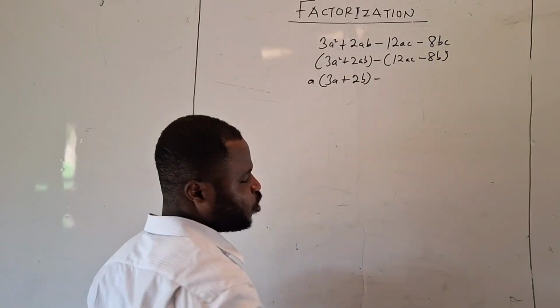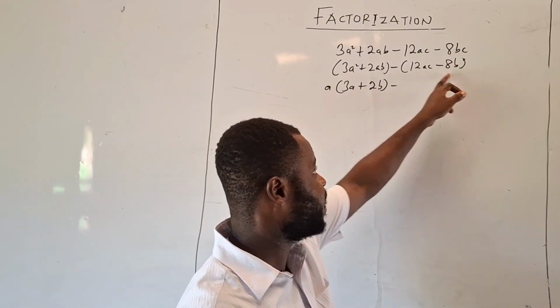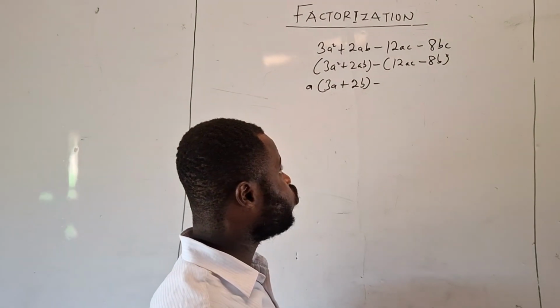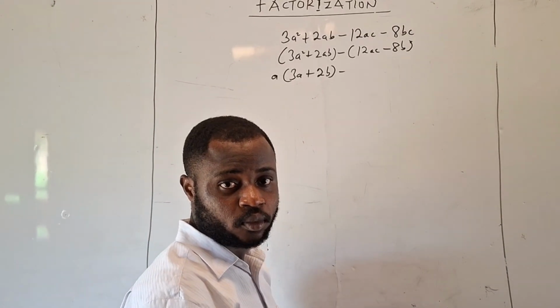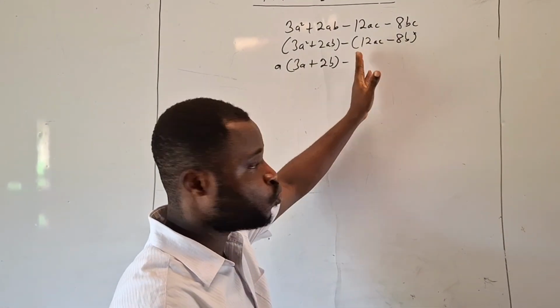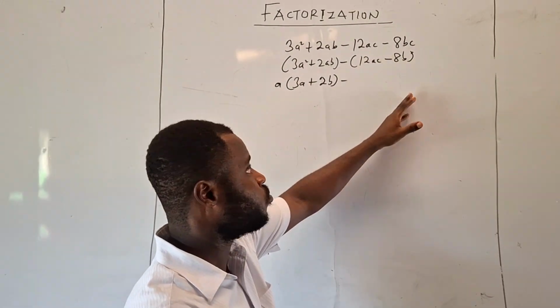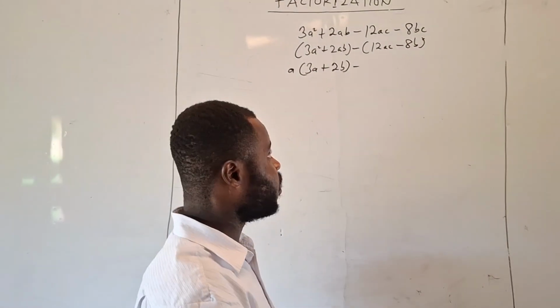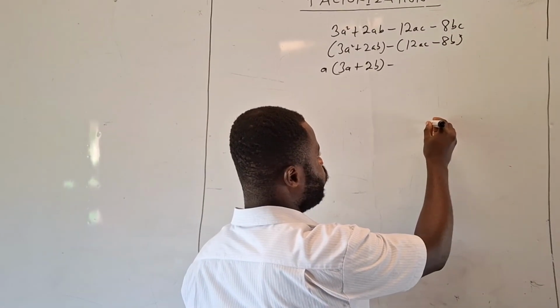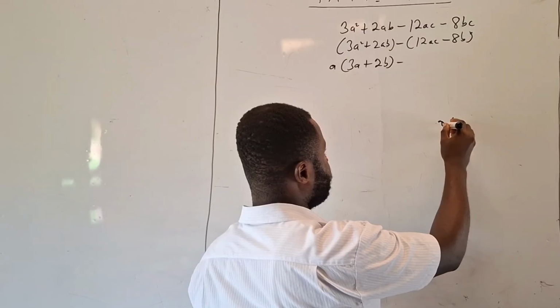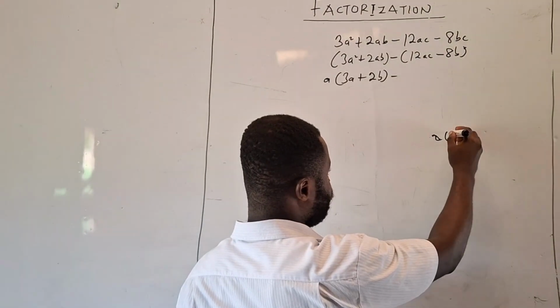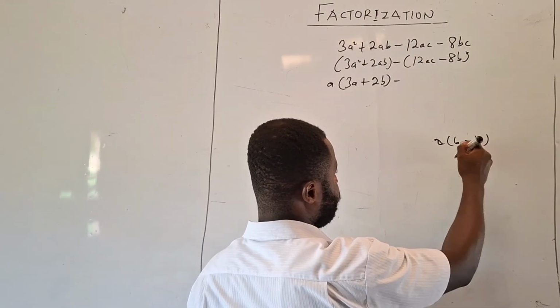Now minus, the highest common factor for 12 and 8 is going to be what? 4. If you use 2, you will still come back to factorize it again. This is what I mean. Assuming we have used 2, then 2 going into 12 is 6, then going into 8 is 4.